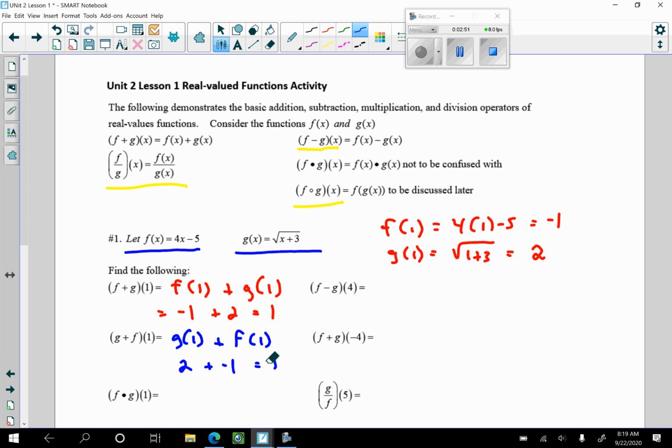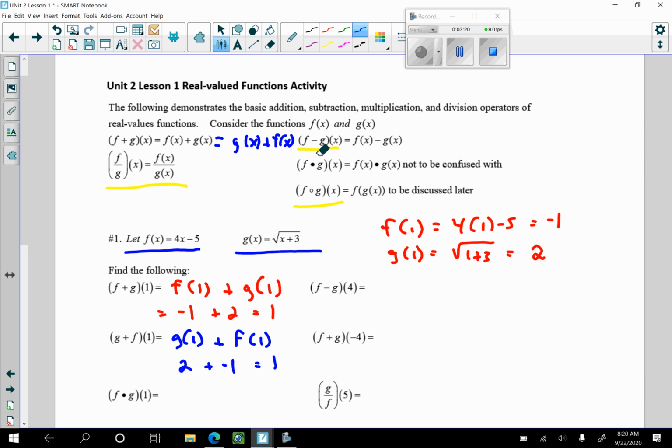And addition of real valued functions is commutative, i.e. f of x plus g of x is certainly equal to g of x plus f of x. Addition of real numbers is commutative. Multiplication of real numbers is commutative, but subtraction is not commutative.